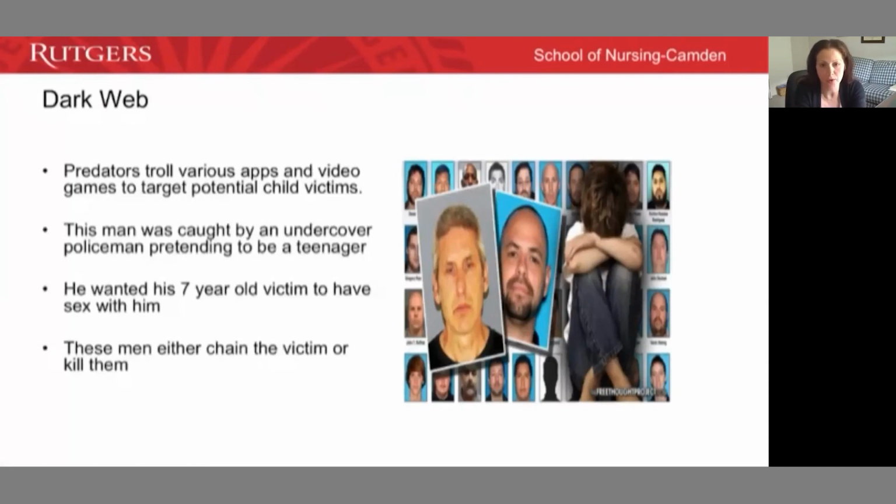The goal of the predator, or the perpetrator, is to get the child out of the house. When the child is able to leave their home, the predators have that opportunity to keep them by chaining them or even killing them if the victim tries to escape from their hold.